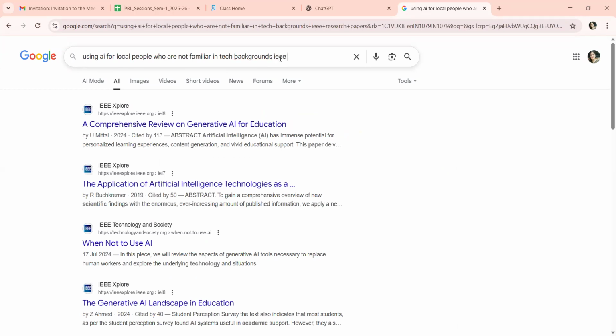Just write IEEE research papers, or maybe Springer papers, because this is also a very good platform. You can also write ACM or Web of Science. On these types of platforms, you can get a lot of research papers. So I just click that and you get a lot of papers related to this topic. You can just click on any of them.